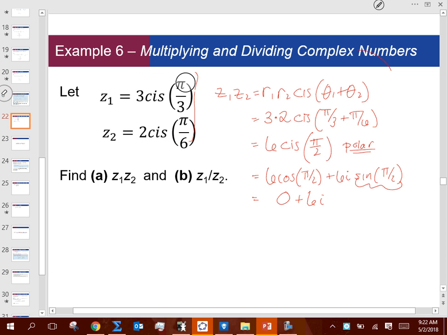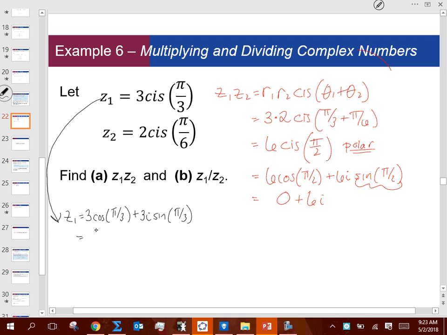Now, here's kind of where the purpose of this would be. If z1 is that, I'm going to rewrite z1 as 3 cosine of pi over 3 plus 3i sine of pi over 3. What's the cosine of pi over 3? 1/2.